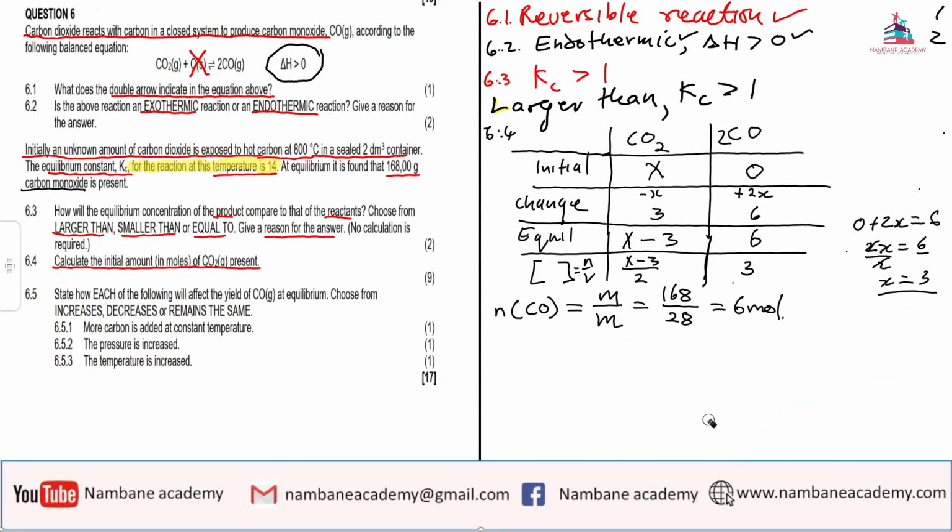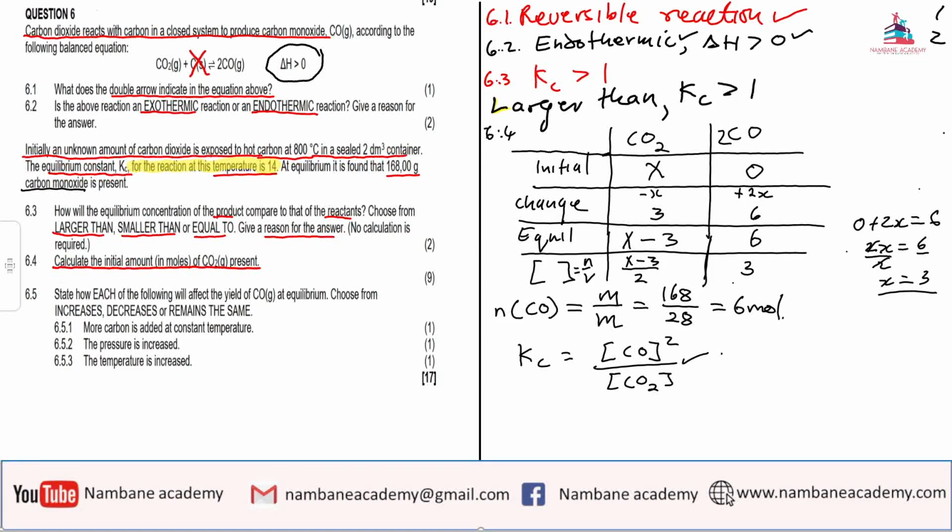I must just write the correct Kc expression and substitute into that Kc expression. Kc is equal to the concentration of CO squared divided by the concentration of CO2. Now you need to ensure that whenever you write your Kc expression, it must be a correct Kc expression, because there is 1 mark for the correct Kc expression.